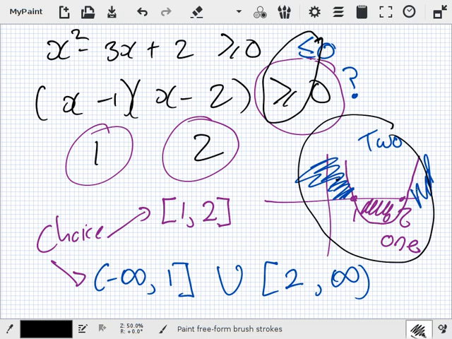I did it on my own, but I didn't shade it because I didn't know that we had to do that. Yeah, that's a step you need to do. So if there's two shaded regions here, you need two brackets. And if there's one shaded region, you need one bracket. Is it okay?